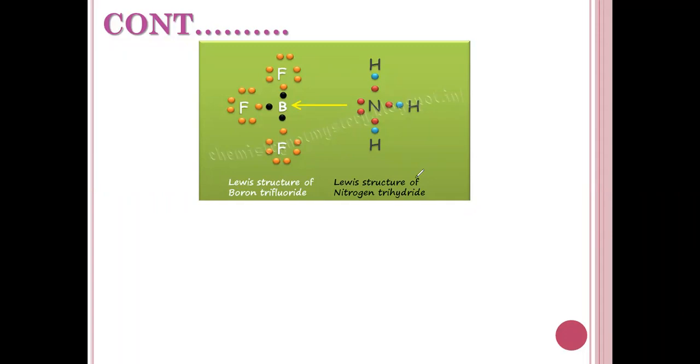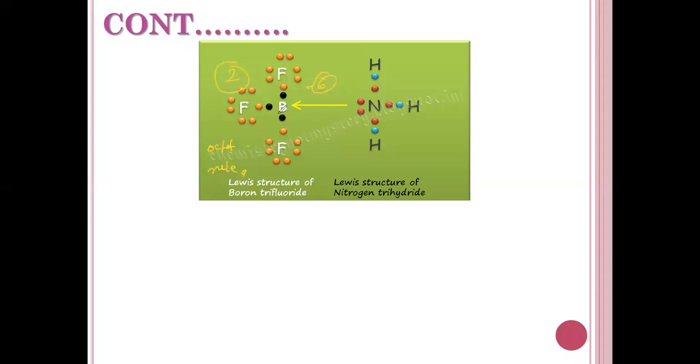So look here, guys. Boron has only 6 electrons. It needs another 2 to obtain the octet.